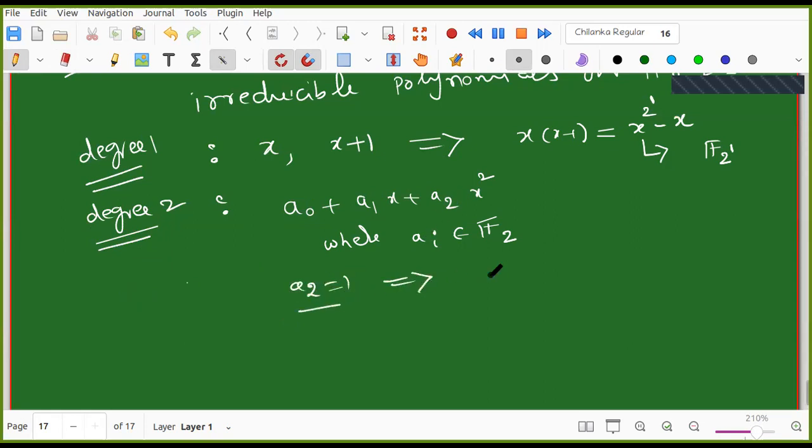This implies I have x square, and x square plus 1, right? How many choices will be there? For a0, a1, 2 times 2, total 4 choices are there, correct?